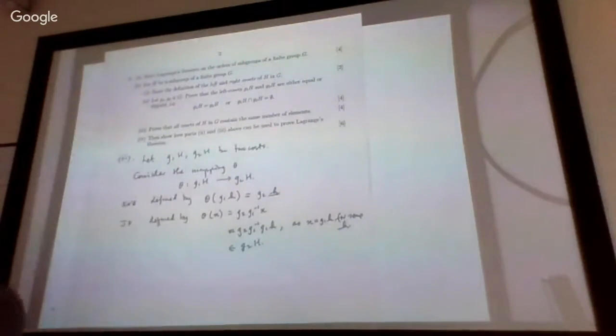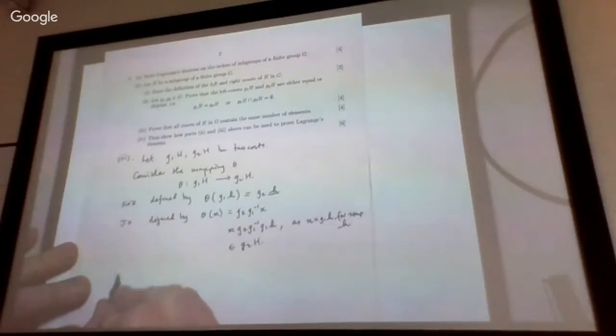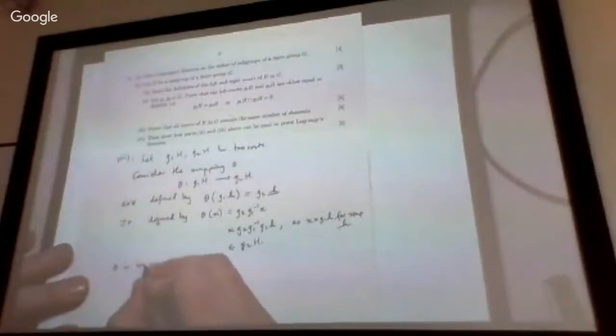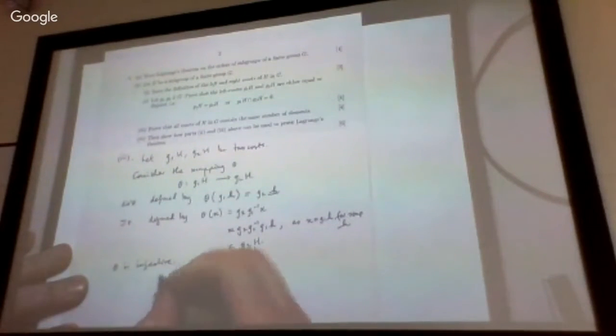Okay, so there's our mapping. Remember, we're trying to prove they're all of the same size, so we need this to be a bijection. Theta is injective. If it's injective, we have to countenance the possibility that theta of x1 is equal to theta of x2.